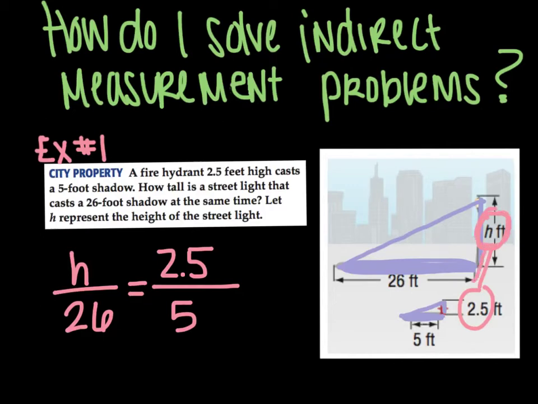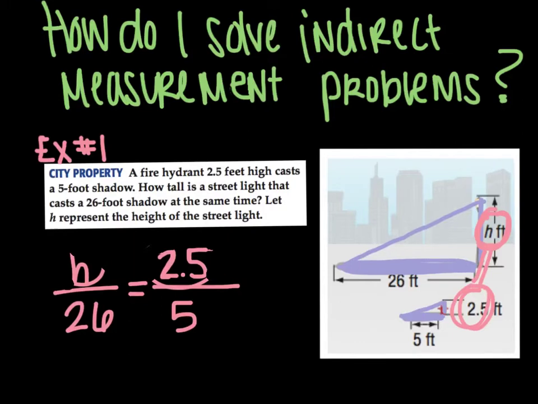We link that, which links this, just as a connection for you. And then you can solve, and I'm just going to erase this part here so it's not in the way. So now we have h over 26 equals 2.5 over 5. There we go. And now we will want to solve.